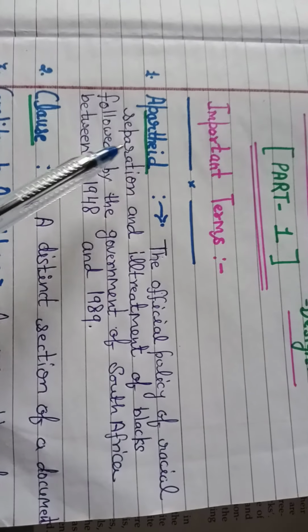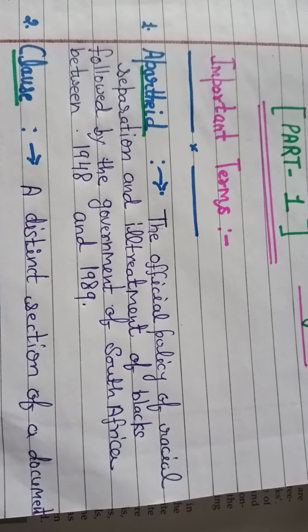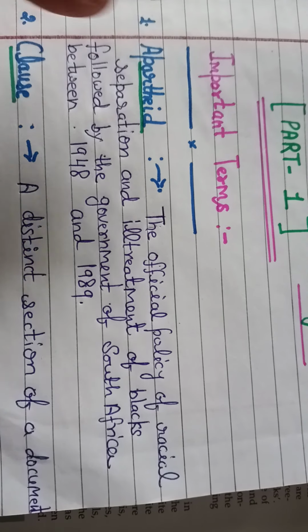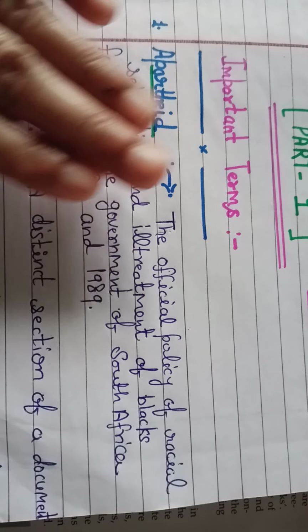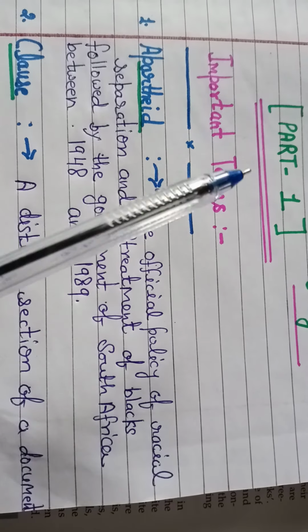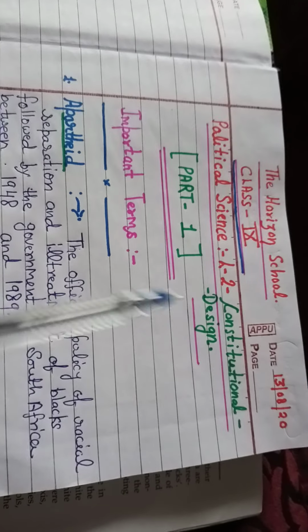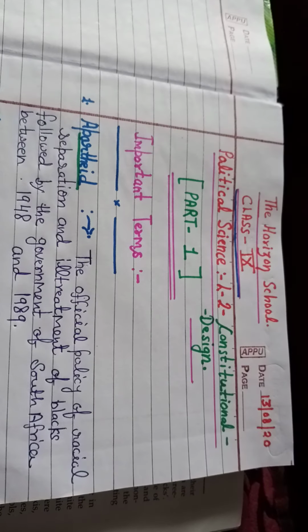First of all, I will explain these important terms to you, and you have to make the same type of notes using a sketch pen in your fair register of political science. So when we discuss this chapter titled Constitutional Design, these are some important terms which you will face during the explanation.